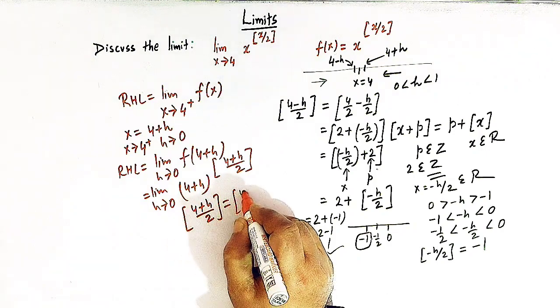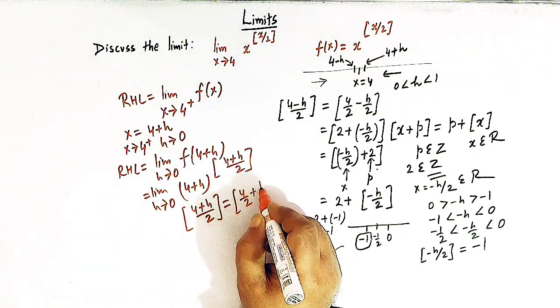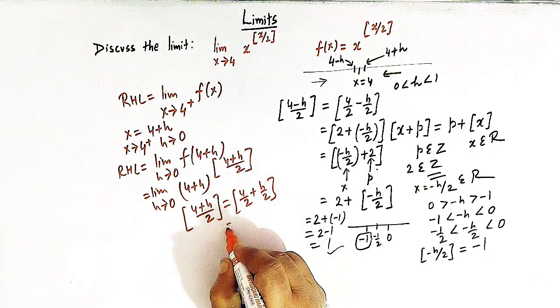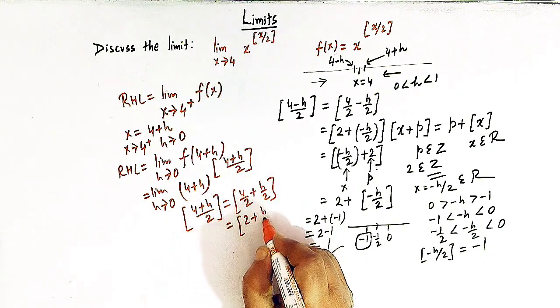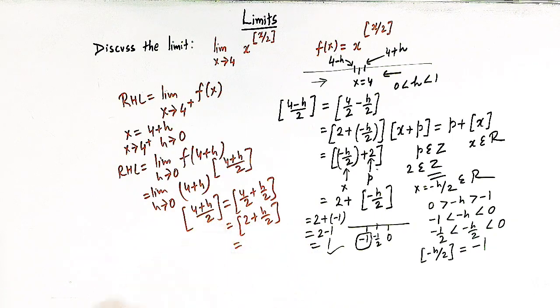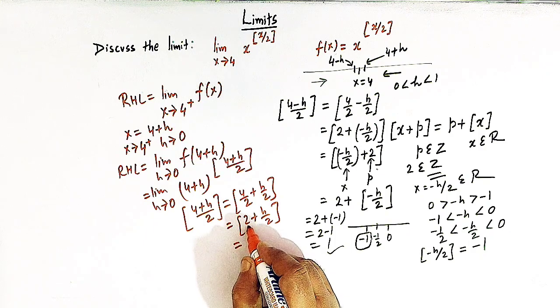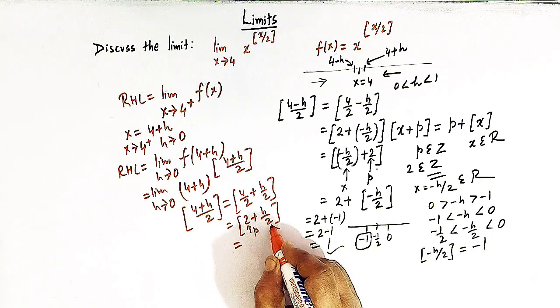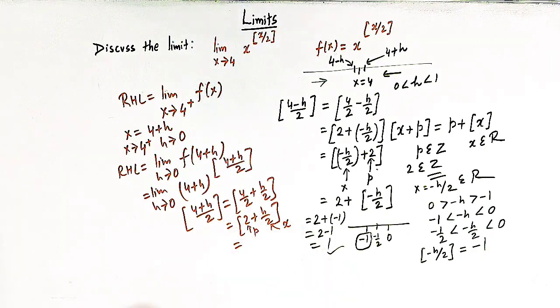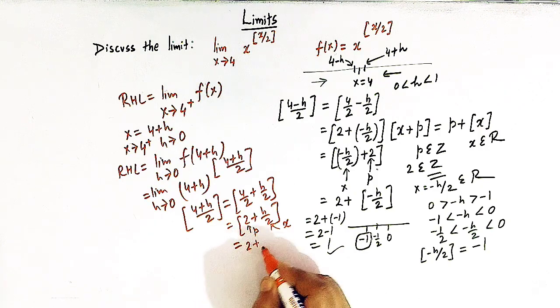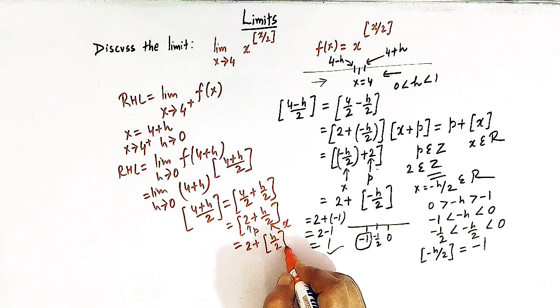So we have greatest integer of 4 by 2 plus h by 2. Then we have 2 plus h over 2. And now the value of p is 2, and x is h over 2. So we can now write 2 plus greatest integer of h over 2.